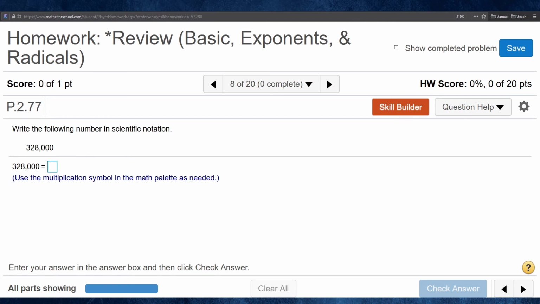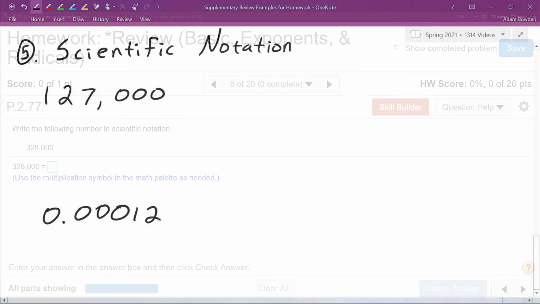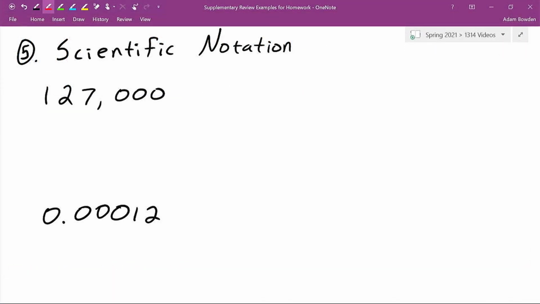Something else in the homework is scientific notation and writing numbers in scientific notation. So the way we write a number in scientific notation, it depends on if we have a really big number or a really small number. And it's all about shifting the decimal point over one way or the other. So let's take 127,000. The decimal point is technically at the very end of the number.